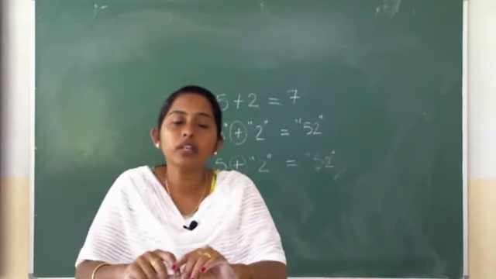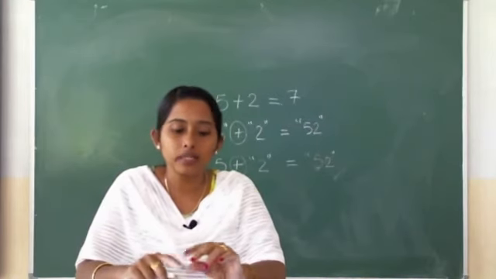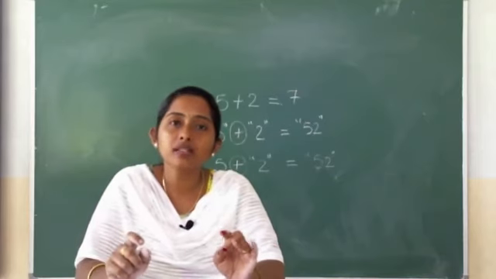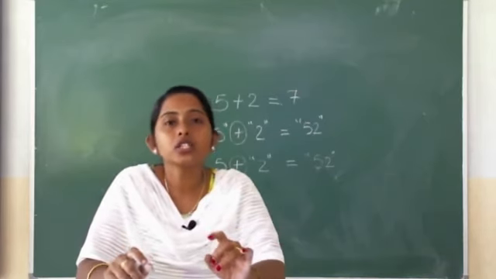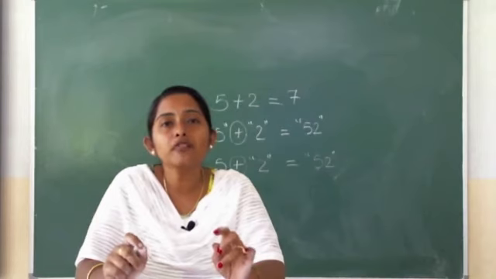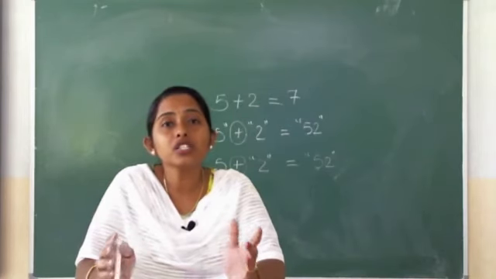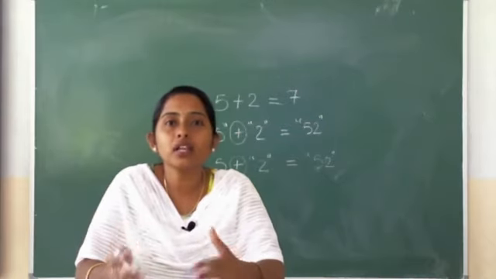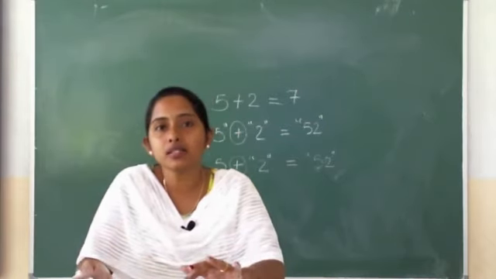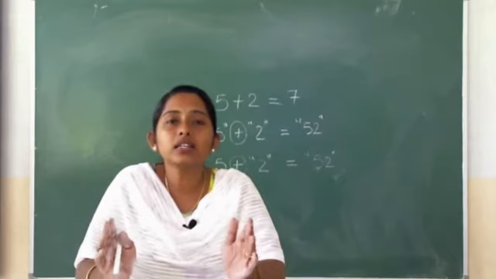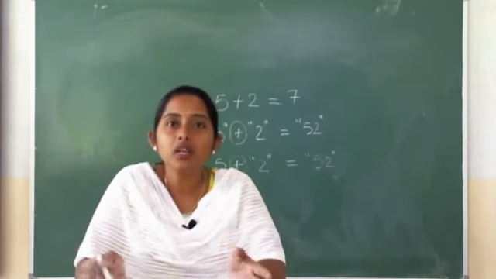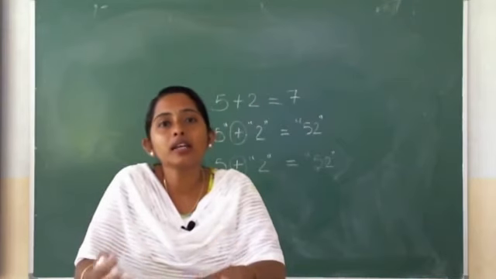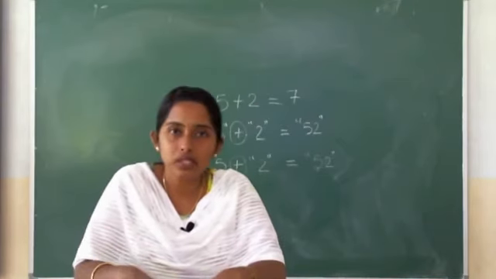Next one is relational operators. Very important one. Mainly 6 relational operators are there. These relational operators we normally use for conditional statements, that means to take a decision whether it is true or false. The final result of an operation using relational operators will be either true or false.